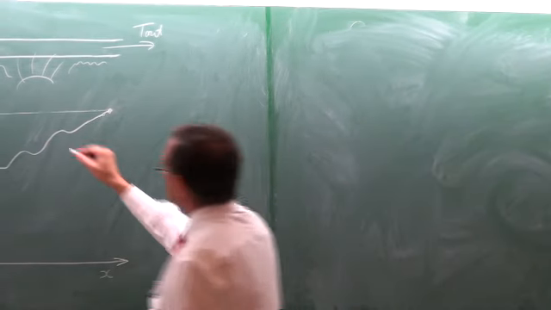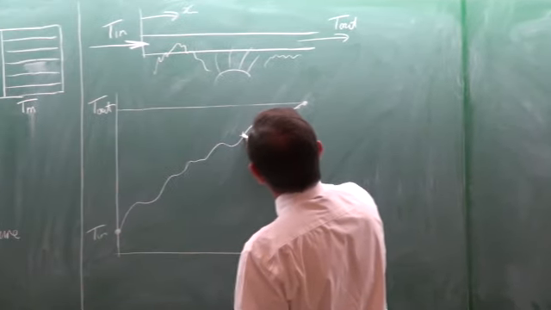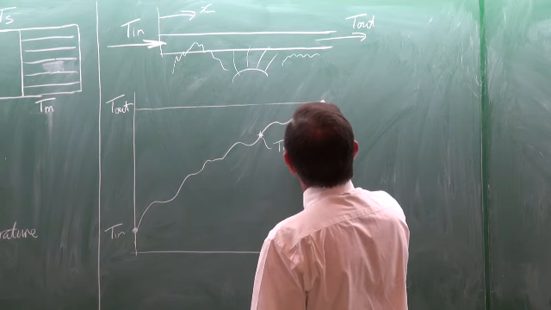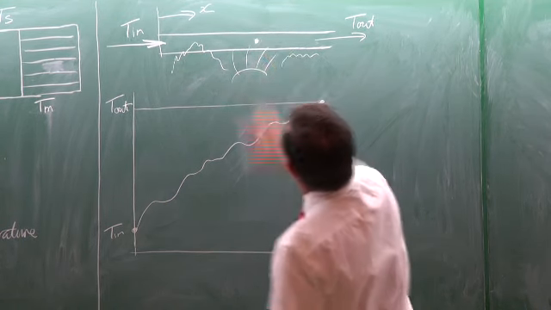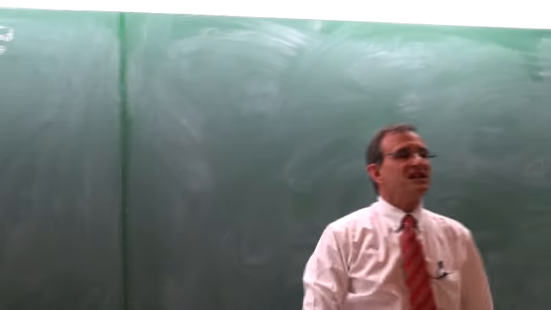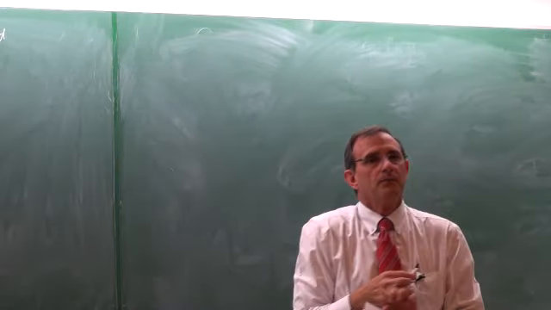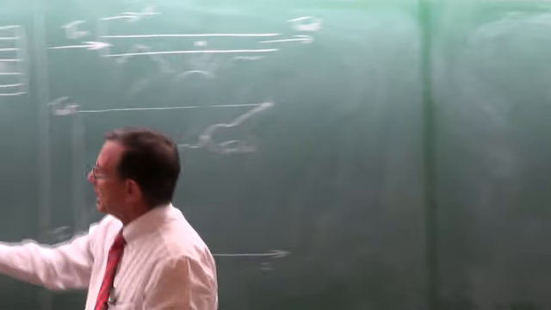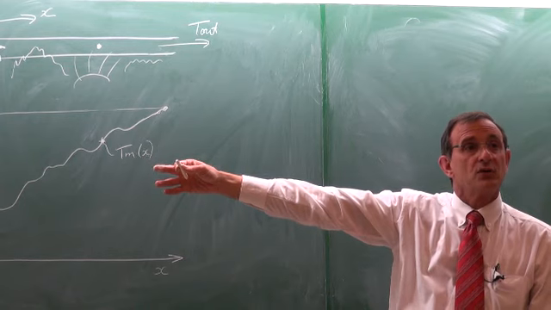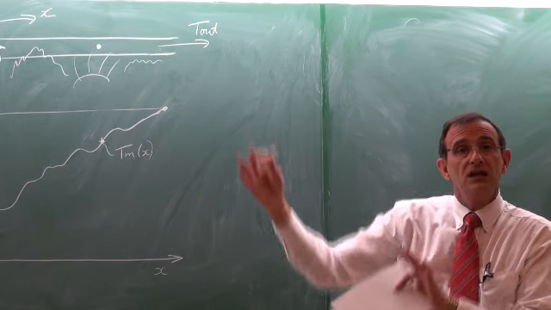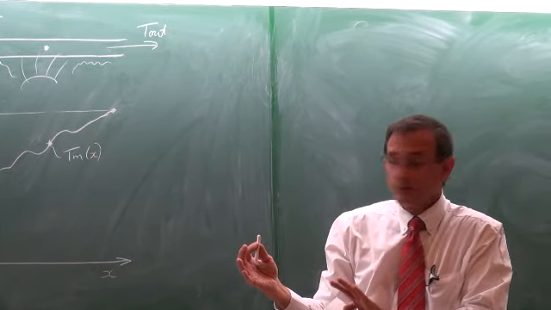This temperature here, at that point there, is the mean temperature, which is a function of x. So it is the average temperature taking into consideration the velocity profile.